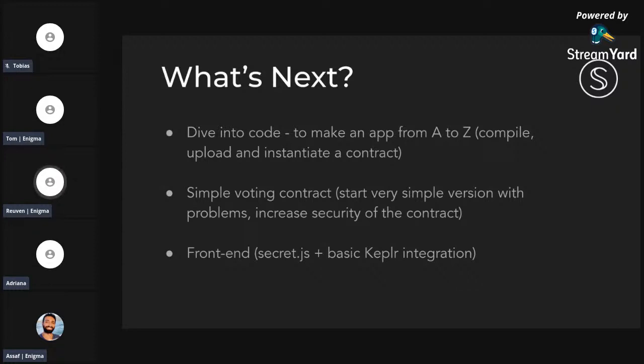By all means, ask questions in the chat if you feel that there's something big I have skipped. But we're going to be seeing Rust code, and we're going to be seeing makefiles, and we're going to be seeing a bit of CLI magic. So I hope that's all going to be comprehensible.